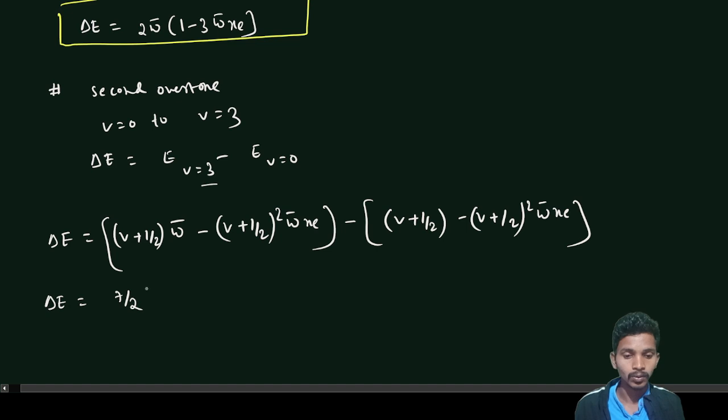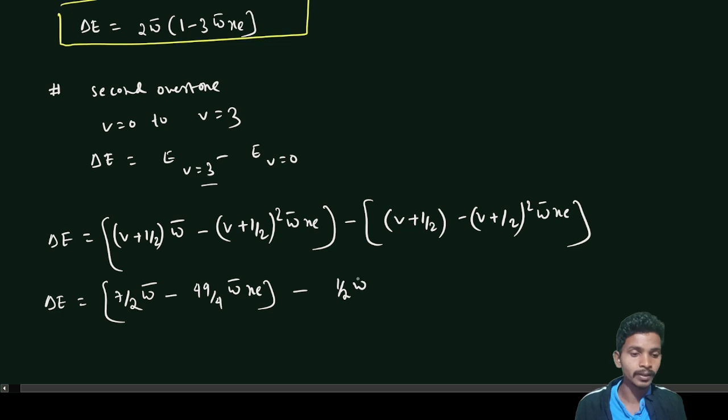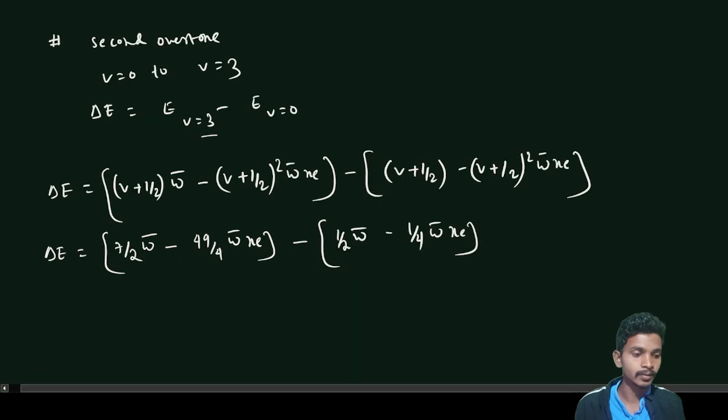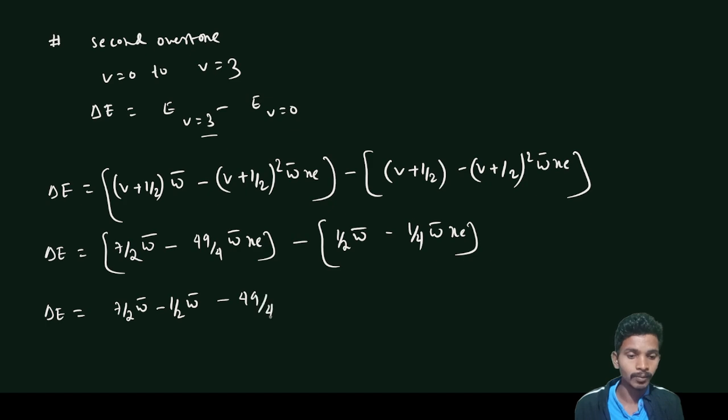I will write 7 upon 2 ω minus, squaring this, 49 upon 4 ωxe, and minus 1 upon 2 ω, and this is 1 upon 4 ωxe. So here if I put this value in ΔE, how much does this become? 7 upon 2 ω minus 1 upon 2 ω, and here I will put 49 upon 4 ωxe.